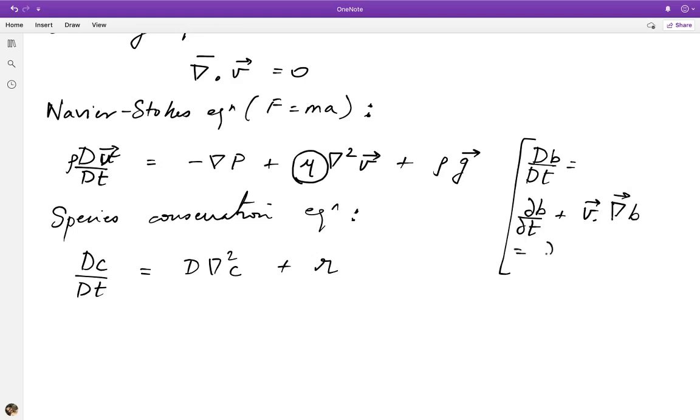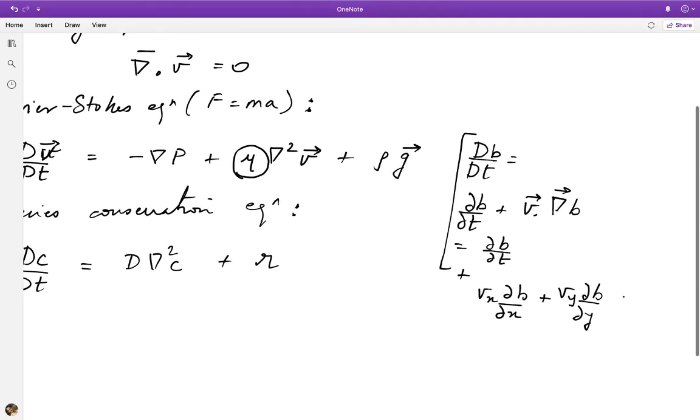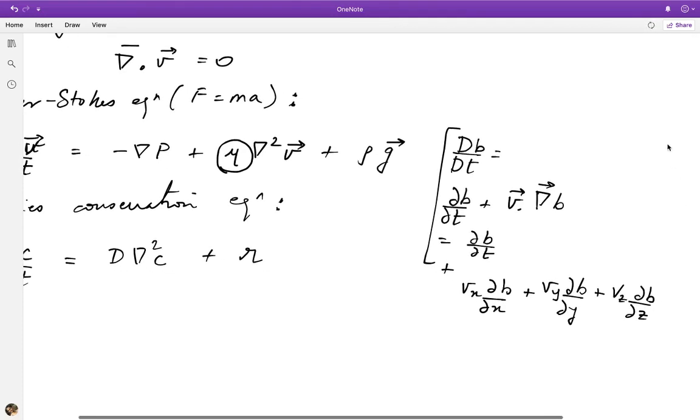Which in turn, if I expand it out, is the component form which we are familiar with, plus Vz. Now here I've written it in Cartesian coordinates, but the same expression holds otherwise as well.